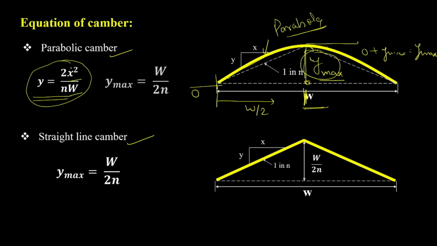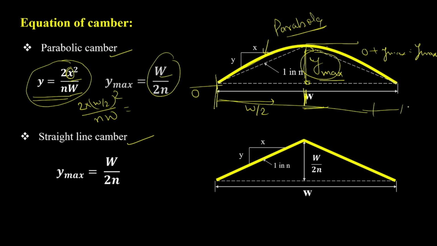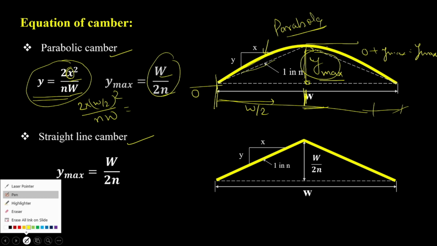In place of x, if we put 2 times w by 2 whole square by nw, we solve and get w by n. So w is nothing but the width of this road, and n is nothing but representing this slope. This slope means how much the slope should be.